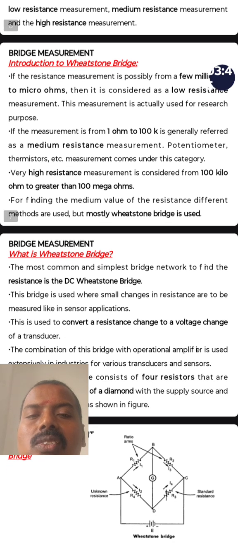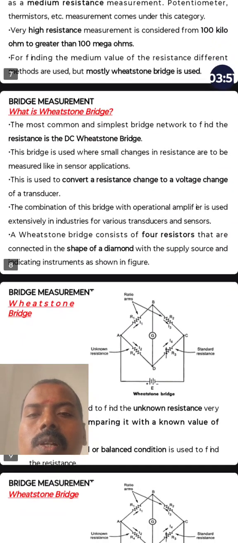For finding medium resistance values, different methods are used, mostly the Wheatstone bridge. It is the simplest bridge network to find resistance, the DC Wheatstone bridge.